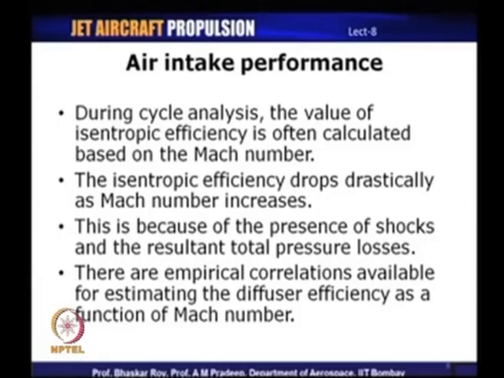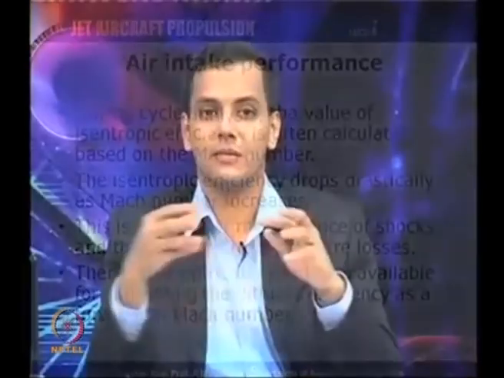In fact, there are empirical correlations available for estimating the efficiency of a diffuser as a function of Mach number. There are military standards which you can look up in some textbooks, which define the efficiency as a function of Mach number. Some of these definitions could be used when we are doing a real cycle analysis of a jet engine.